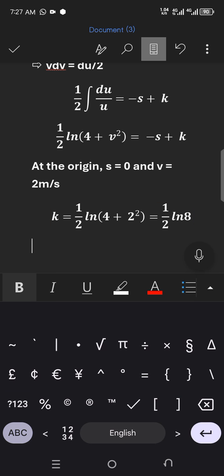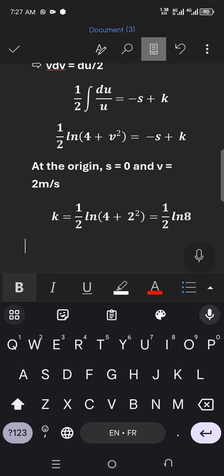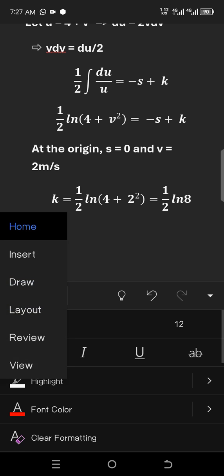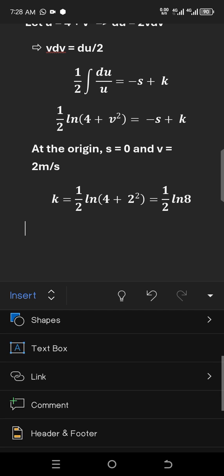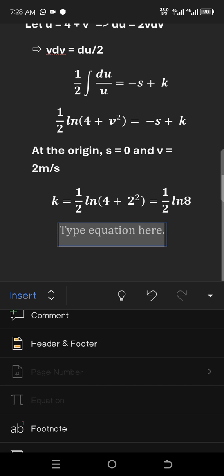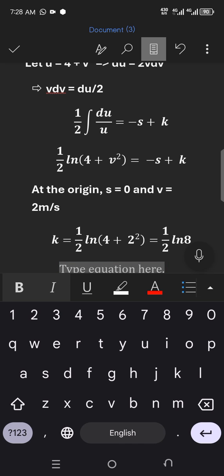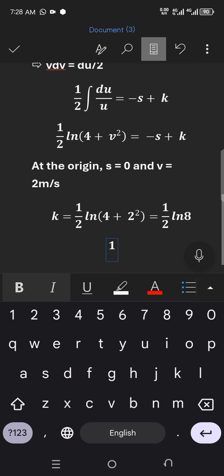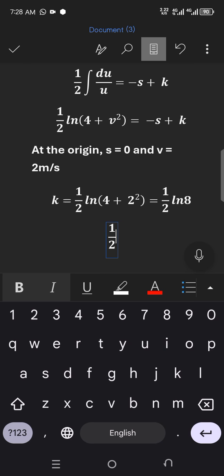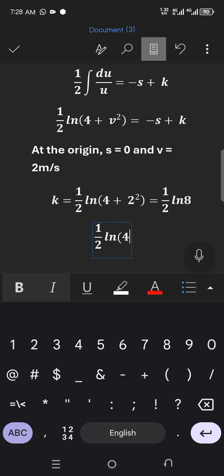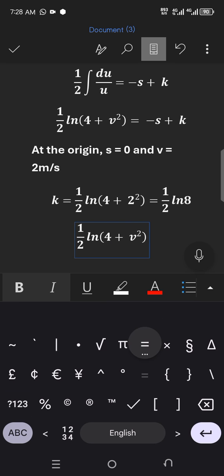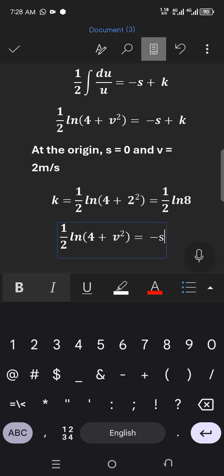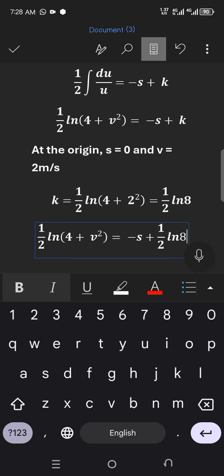So from here, we can now replace k back into our equation. If you replace k back into the equation, we are going to have half the ln of 4 plus v squared equal to negative s plus, what is k? k is half the ln of 8.